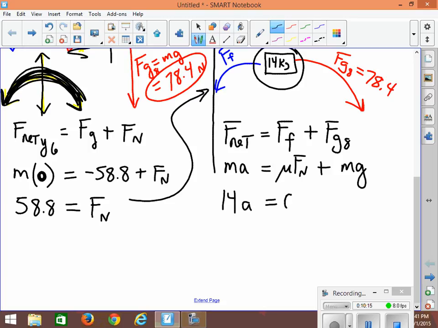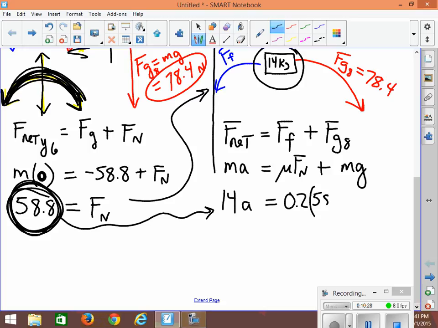The mu was given to us at the start of the question as 0.2, and we have just figured out our normal force of 58.8 over here, which will then creep over to this side and go into the equation. And we also know the m and the g for this. It's this number up here, 78.4.